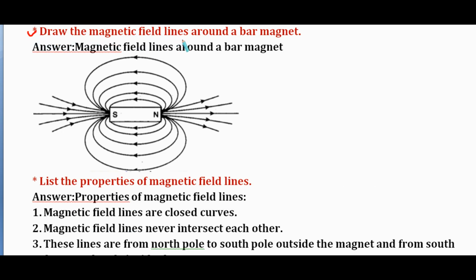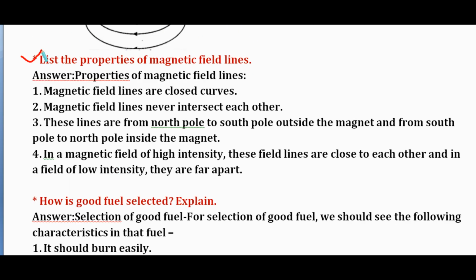Now question, draw the magnetic field lines around a bar magnet. Magnetic field lines around a bar magnet are shown here. They start from north and end at south. And you can draw many more lines. Next question, list the properties of magnetic field lines.